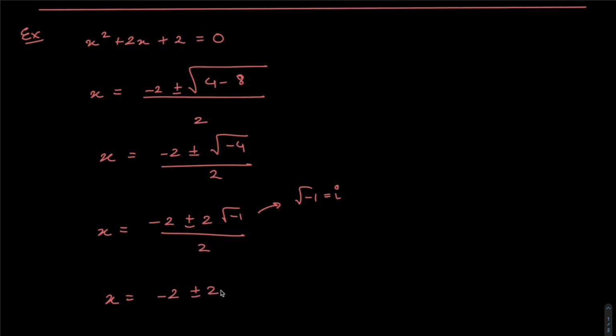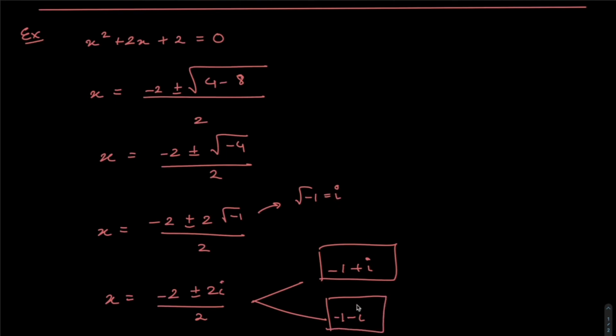So I can write this as 2 iota upon 2. Simplifying it even more, I'm going to have 2 roots: minus 1 plus iota and minus 1 minus iota. So these are my 2 final roots of my quadratic equation.